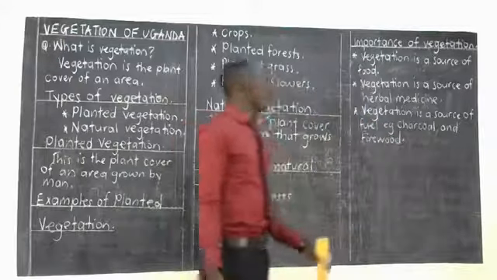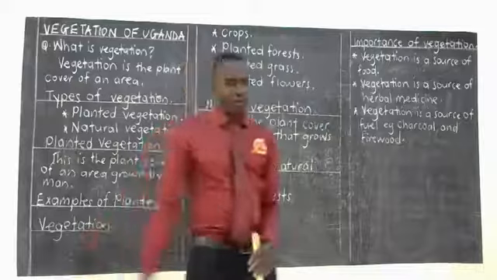So charcoal and firewood are all got from vegetation.